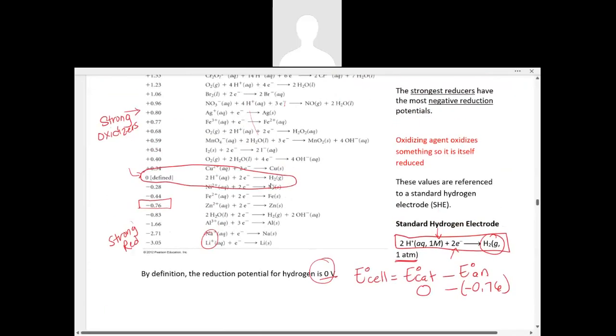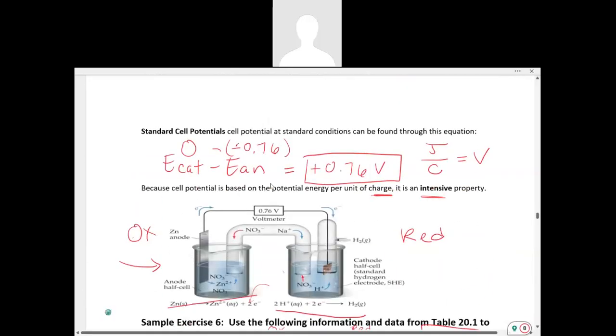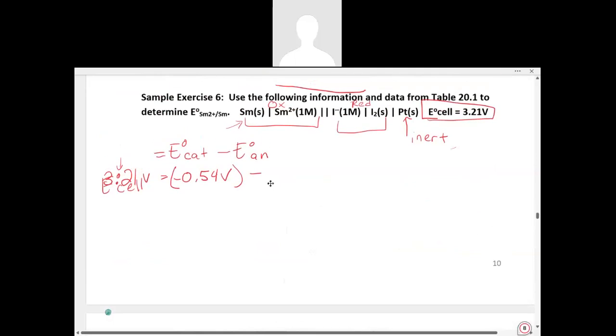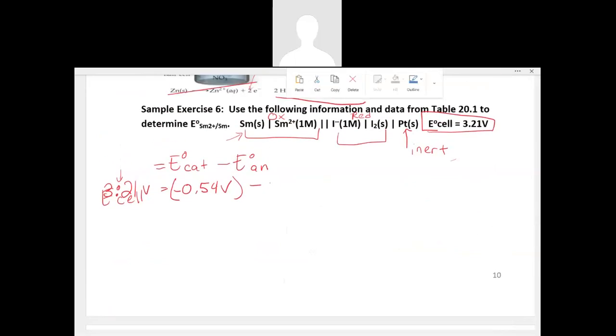Here we go. So we have our positive 0.54. So that's for our cathode. And then our anode, that's what we're solving for. So we're solving for E anode. So what we do is we would take that positive value, because it was positive in the table, and subtract that from both sides.